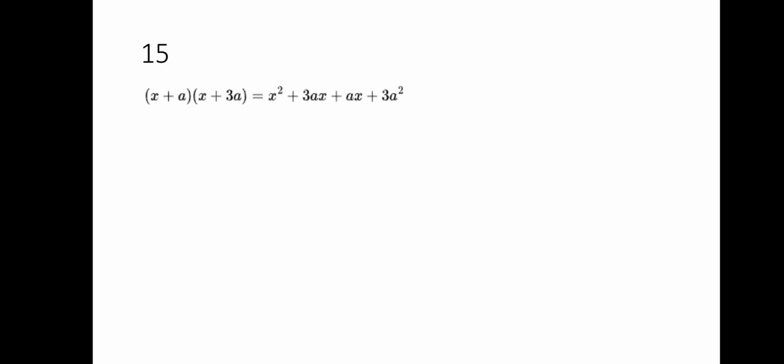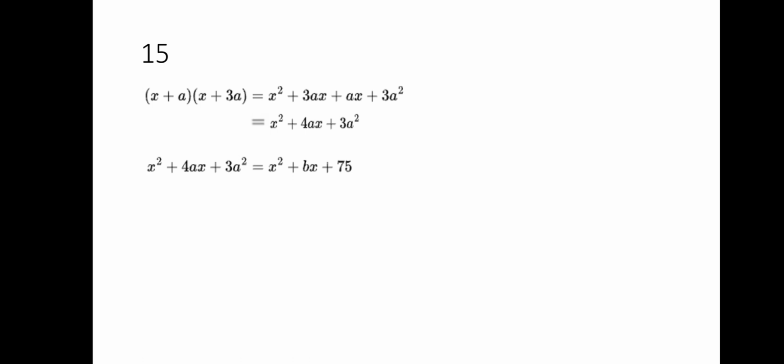So if we expand these brackets, we get x squared plus 3ax plus ax plus 3a squared. Then when we simplify the like terms together, that gives you x squared plus 4ax plus 3a squared.